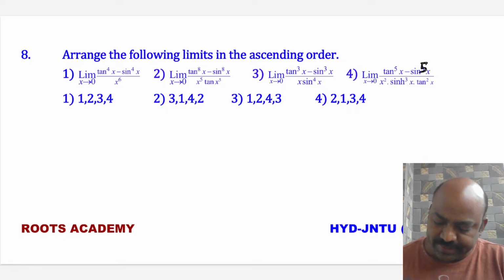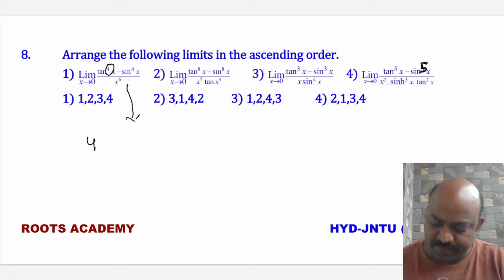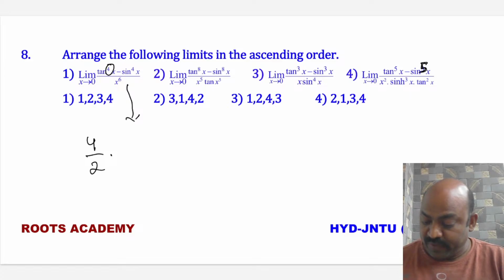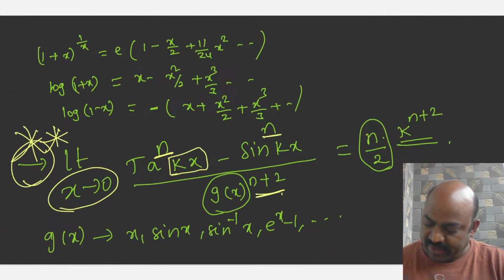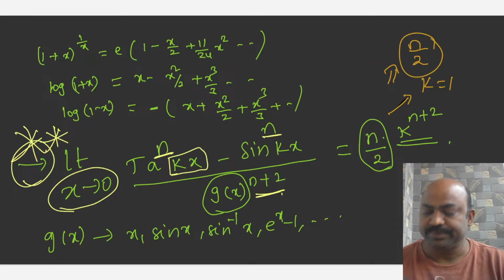How to proceed here? So for this one, n is 4, so 4 by 2. And the beautiful thing is, look here: in this formula, if k is 1, then what will our answer turn out to be? It will be just n by 2.